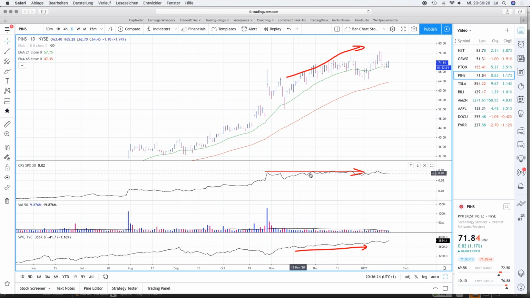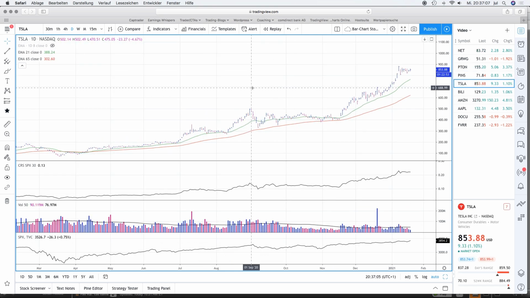And in that situation, that was also a reason for me to be very cautious with a trade, because I saw this divergence between the relative strength and the price itself. And when I see something like that, I'm more defensive and more willing to sell, especially after the stock already doubled or more. So a very clear sign here when the RS line is going sideways and the price is still going higher here.